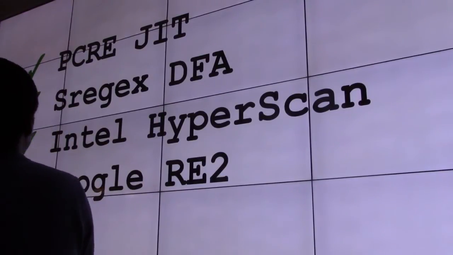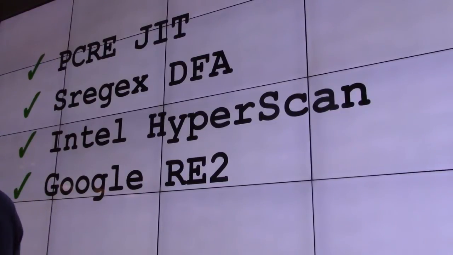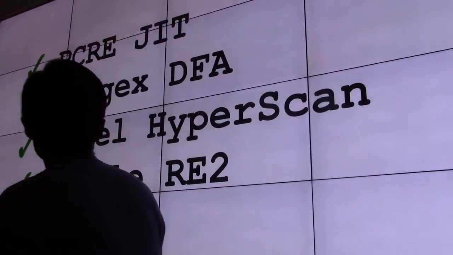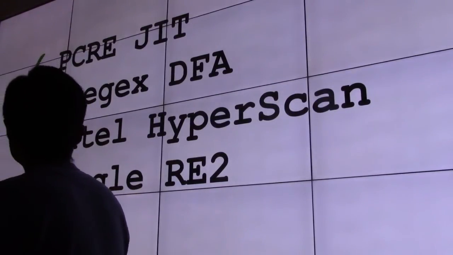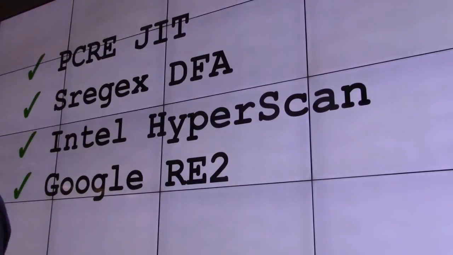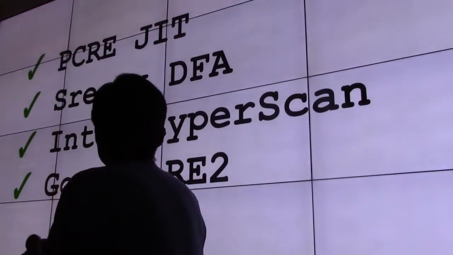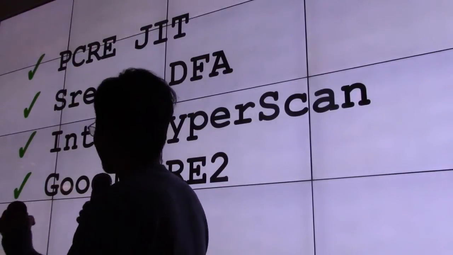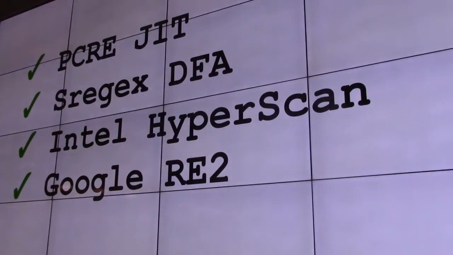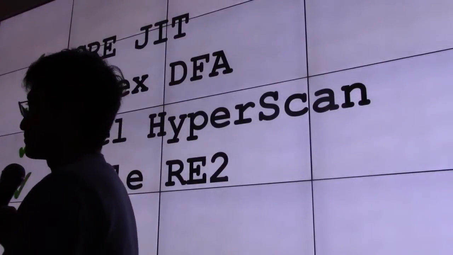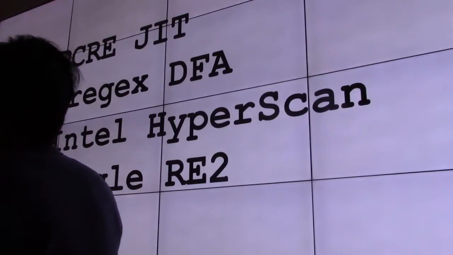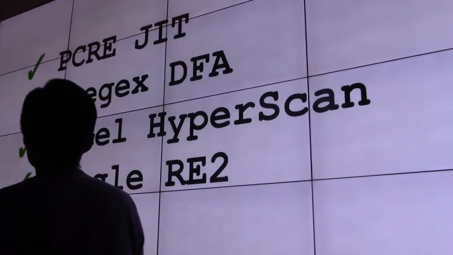Intel Hyperscan also supports streaming, though it was only open sourced a few months ago. But the downside is that Intel Hyperscan is a huge library. It's so big, I mean the compiled binary components. But it has its use. Its strength is processing many regexes at the same time, which should be a good fit for the web, but we haven't really tried yet.